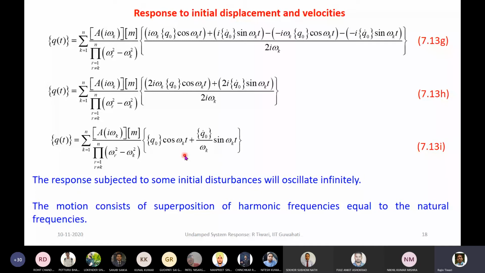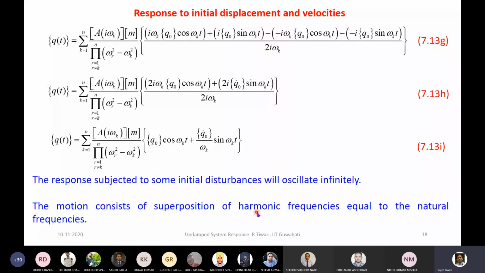So there is a very important conclusion from this: when we excite a system due to an initial disturbance, it will always have harmonic motion, and the frequency of that will be a single natural frequency or a combination of them.